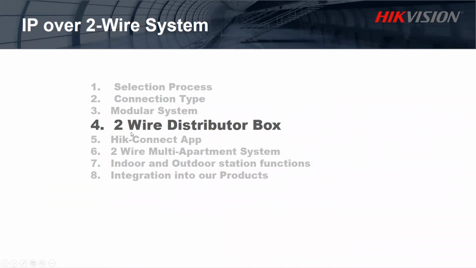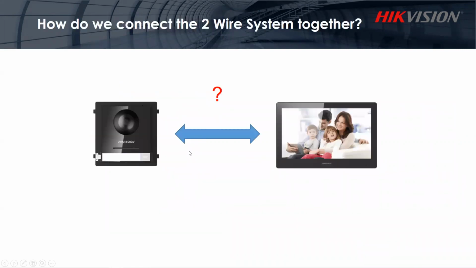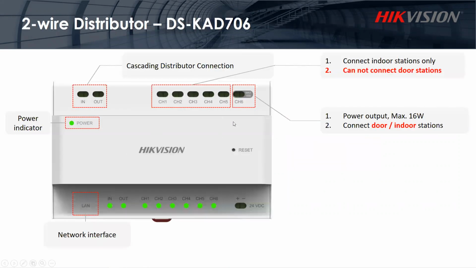All right, let's have a look at the 2-wire distributor box. How are we going to connect the door station to the indoor station if we can't run cable? We're going to use a 2-wire distributor box. As you can see, these are the channels from channel 1 to channel 6.